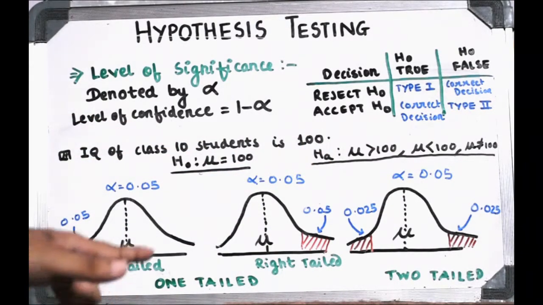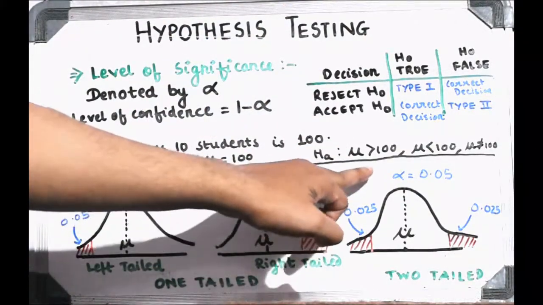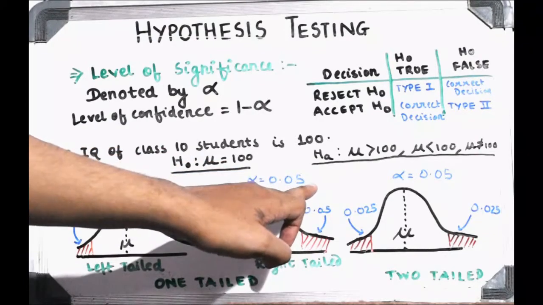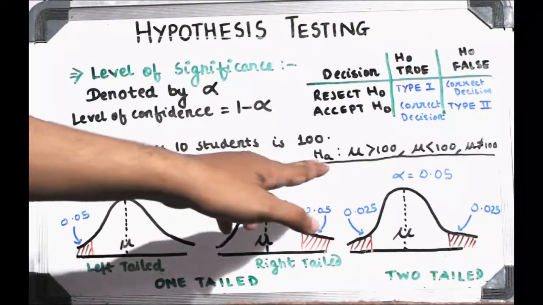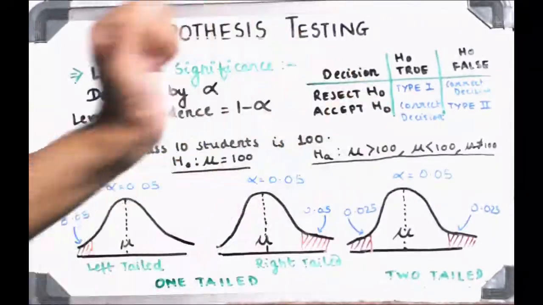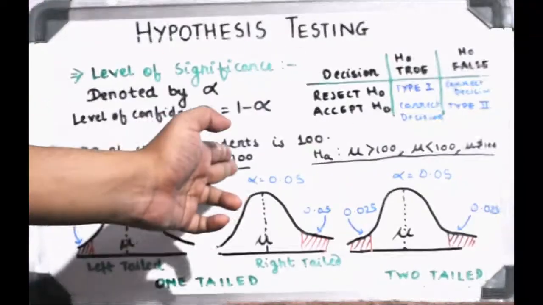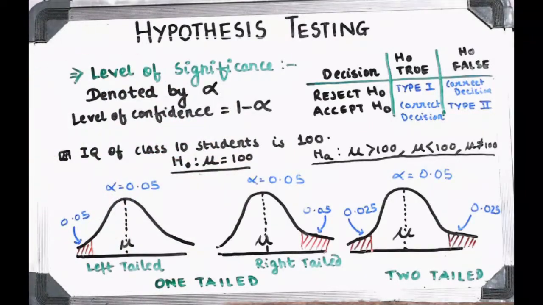Now if we consider the first alternative hypothesis, stating that the IQ of class 10 students is more than 100, the currently accepted value is 100, but the researcher is claiming it is more than 100, then how will we represent this in the normal distribution curve? The middlemost value represents the mean value.